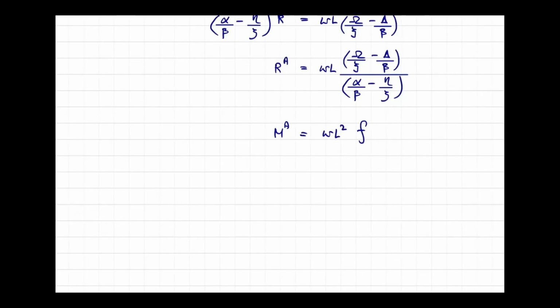But if we want to express this function in terms of something, we call it the magnification factor. It gives you the sense of how much the moment is magnified by the effects from the second order deformation.